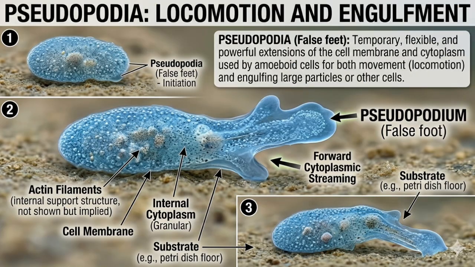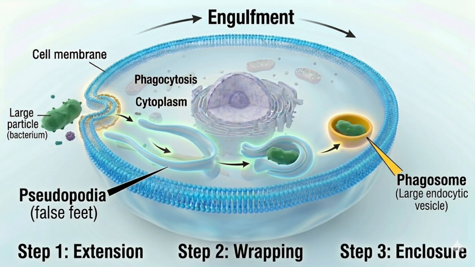Instead of forming a small vesicle immediately, the cell extends part of its membrane, called pseudopodia, literally false feet. These extensions reach out, wrap around the particle, and enclose it completely, forming a large vesicle known as a phagosome.